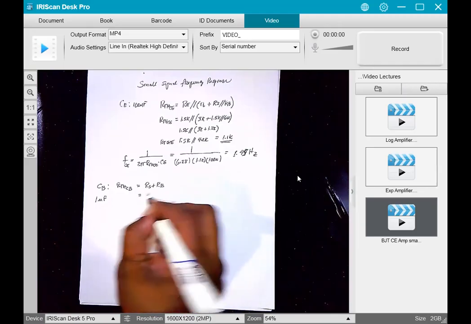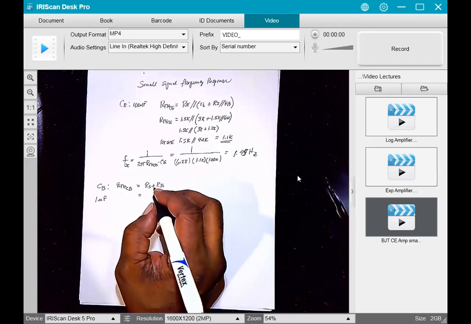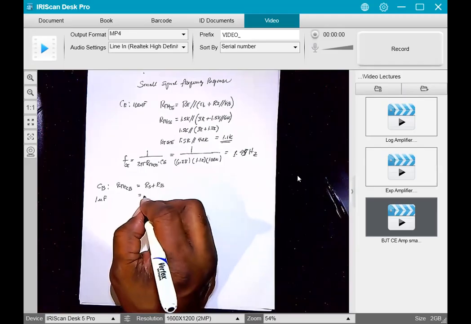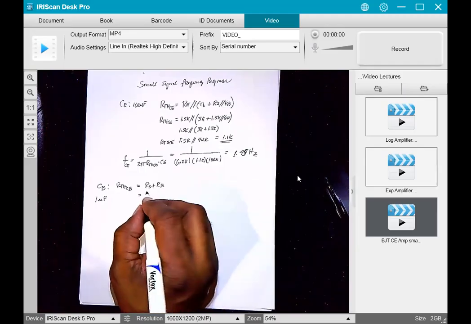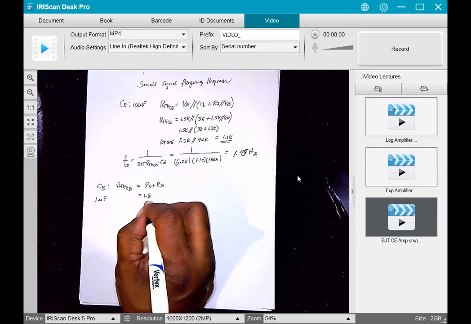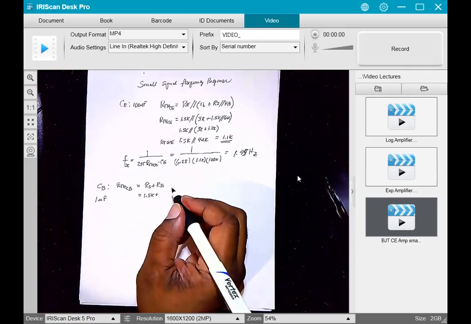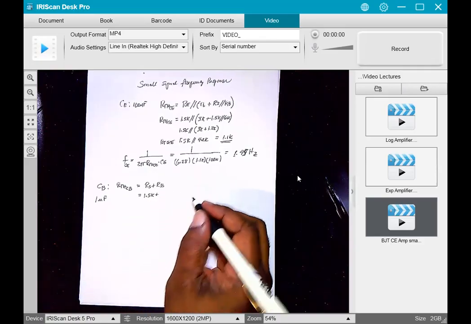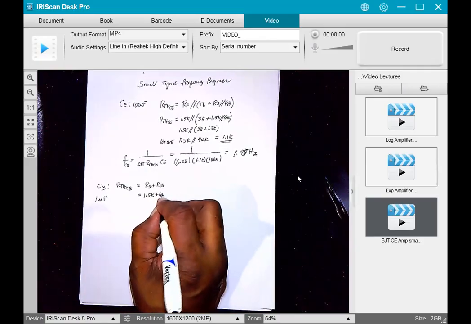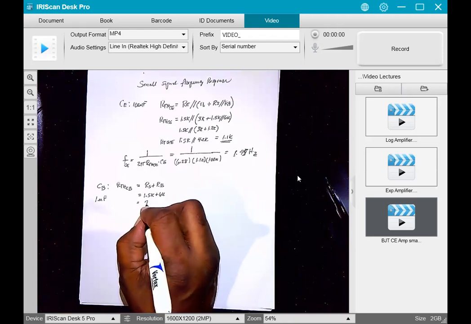What you got? 6? No, I thought you were saying what was the RB? Oh, no, RS now is 1.5K, and our RB, which is R1 in parallel with R2, is 6K. Okay, that's what you're saying, which is 7.5K.